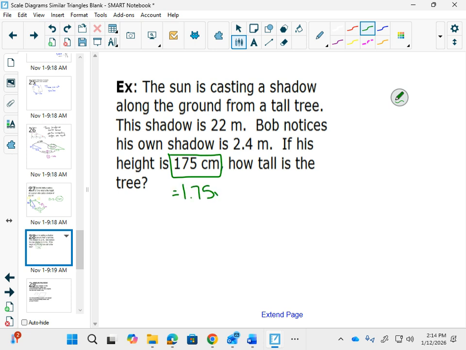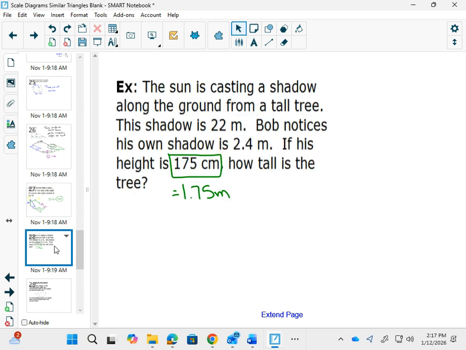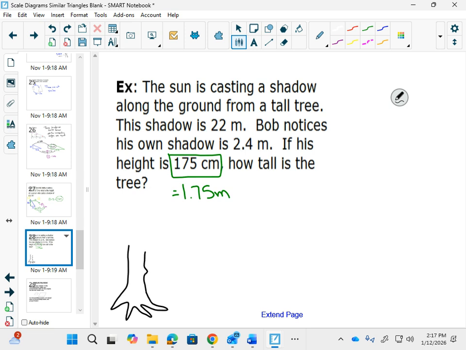Can you turn back to the... Is 1.75 meters. 0.7.